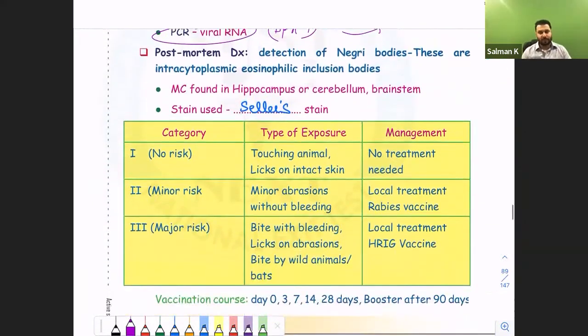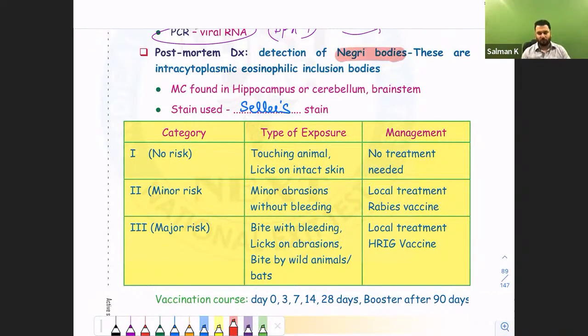If the person passed away due to rabies, a suspected case of rabies, or let's say a suspicious death, I don't know, a young person died, so I'm suspecting it can be rabies because I'm seeing some marks on the body, bite marks. So in a suspected case of rabies, what we can do is look for Negri bodies.